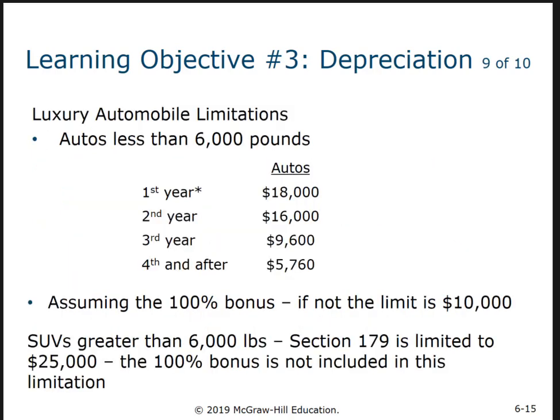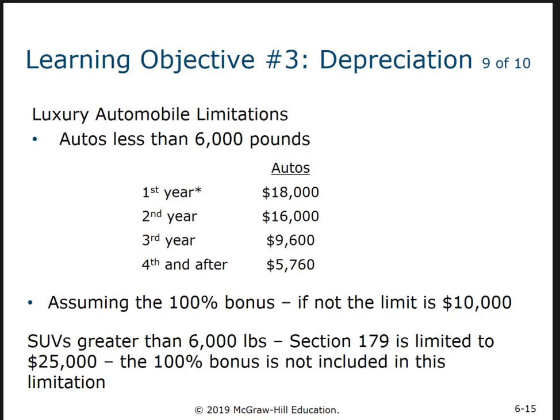Now, we have this luxury automobile limitation you should be aware of. Autos less than 6,000 pounds: there are limits on how much depreciation. I don't care whether you use 100% bonus or Section 179 or regular depreciation calculations. You cannot depreciate an automobile more than $18,000 in its first year, no matter how much you pay.